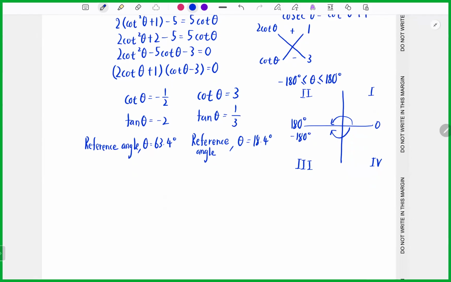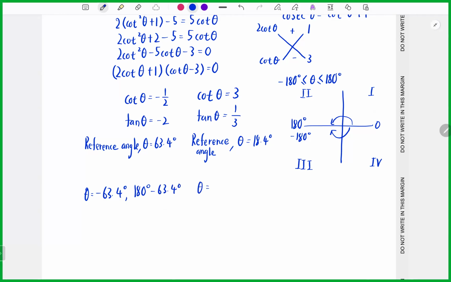Because this part is negative, if negative, we need to see second quadrant and fourth quadrant. Okay, so equals negative 63.4, and then one more is 180 minus 63.4.